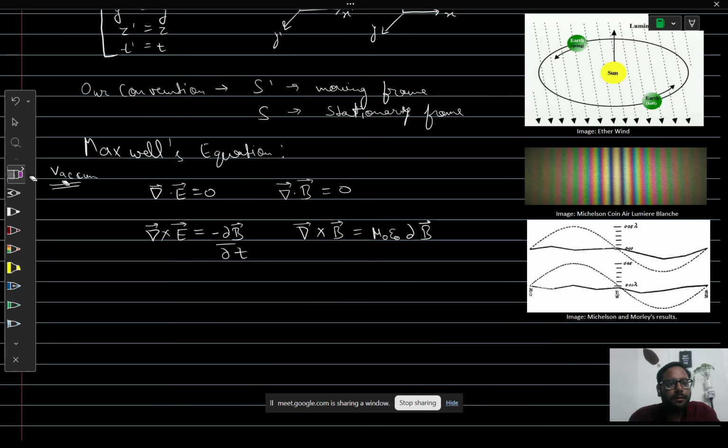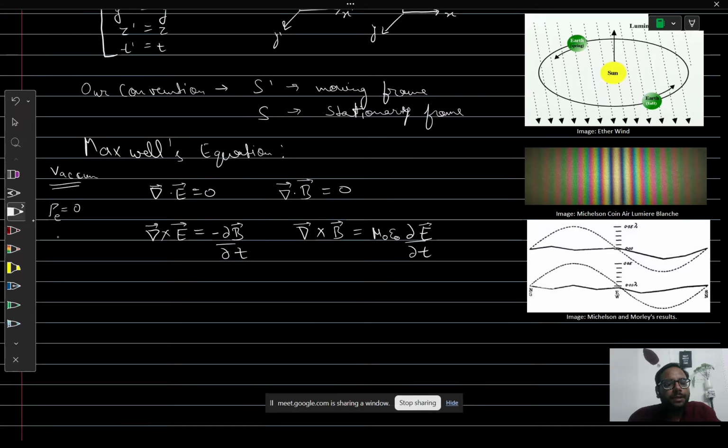It's the change in electric field. Okay, so what does this tell? That the divergence of the electric field and magnetic field are zero. In the vacuum means there is no charge density, no charge present, no sources of electric field.